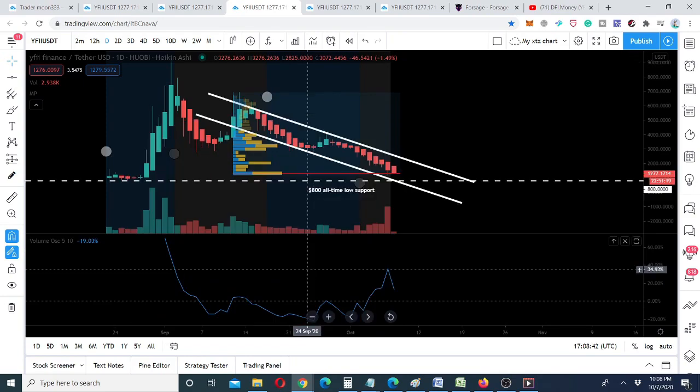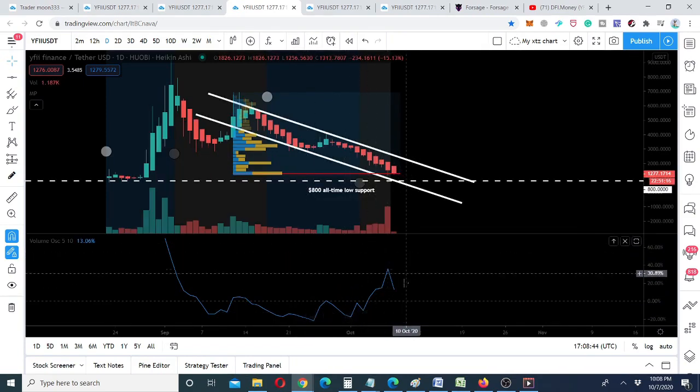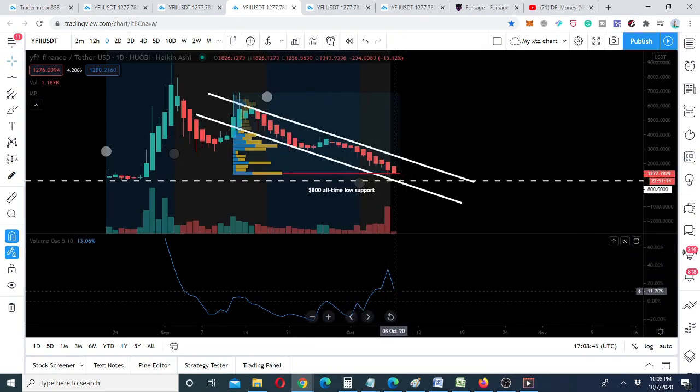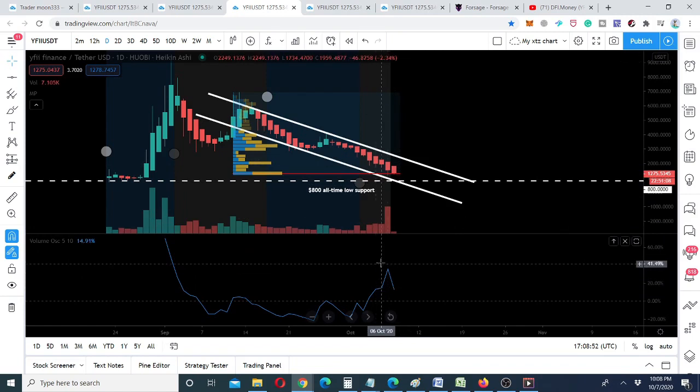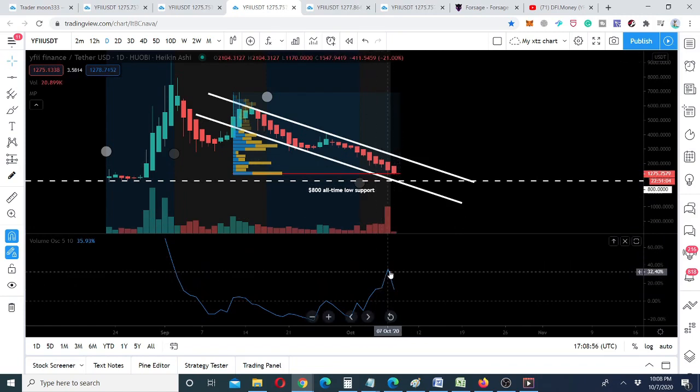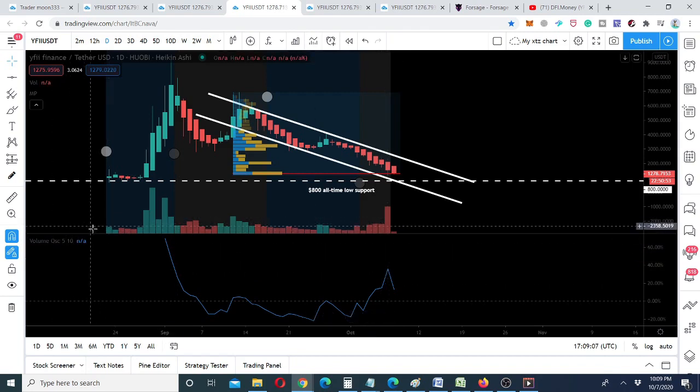Now, I would like to show you this volume oscillator indicator as well, that shows the power of buying volume or sell volume. At this time, we have the bearish candlesticks. Therefore, it is showing the sell volume, the power of sellers. And we have the value of a sell oscillator that is more than 35.93. I'm just placing the cursor here, and you can watch the values here.